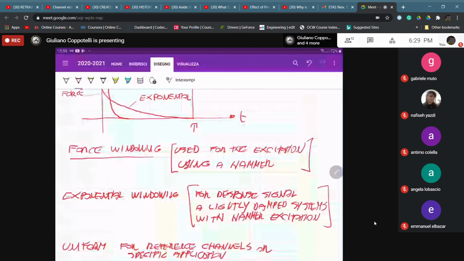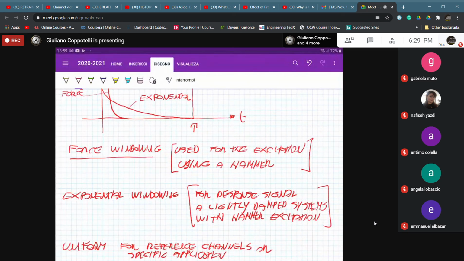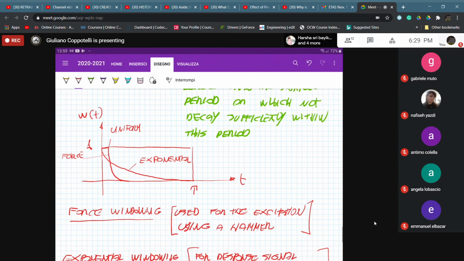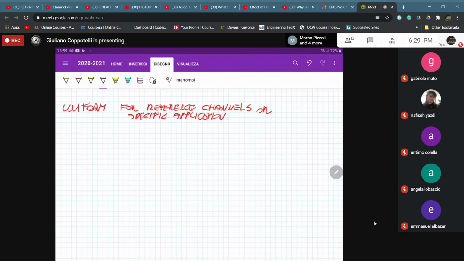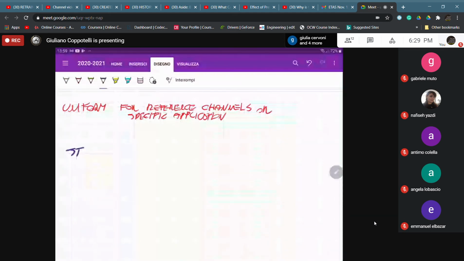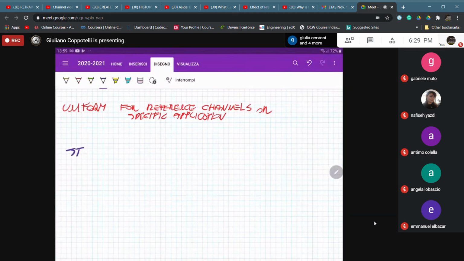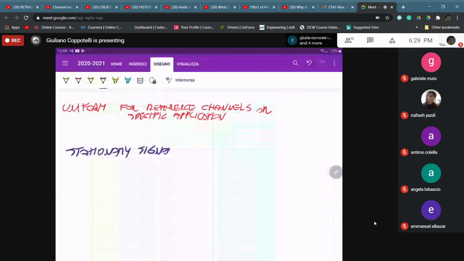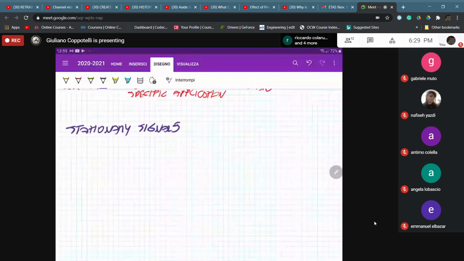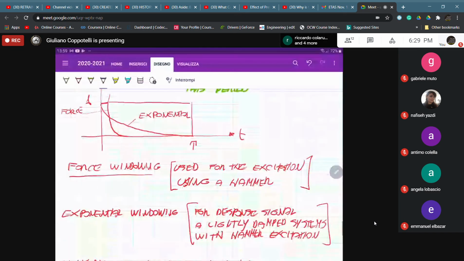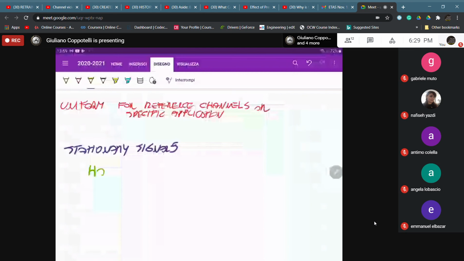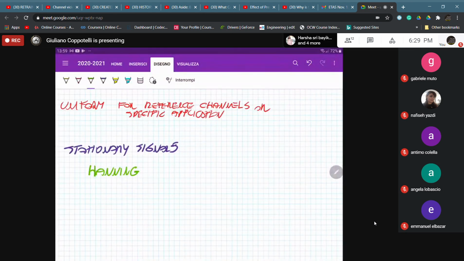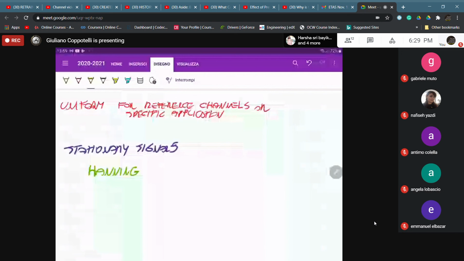Then I just want to introduce, before we go, the other family. That was transient; now the other family is the stationary signals. For stationary signals there is the Hanning window, for general purposes.